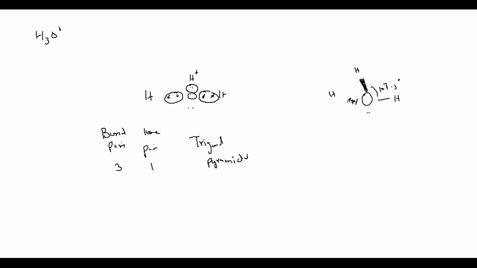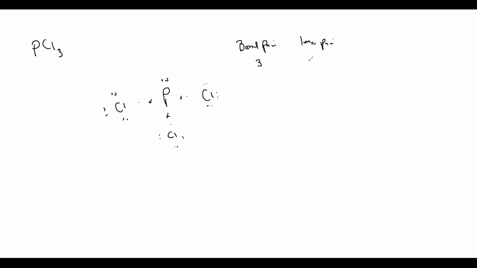Another example for this is PCl3. Phosphorus belongs to group 5, so it has 5 electrons. One is shared with chlorine on one side, then another is shared with chlorine, and 3 chlorine atoms here. So when we compare the bond pairs, there are 3. When we compare the lone pairs, there's 1 lone pair.